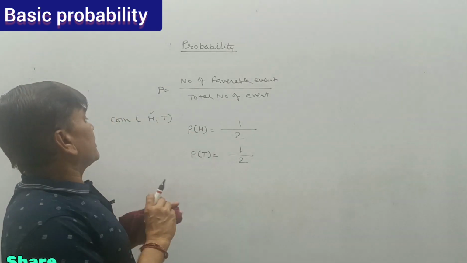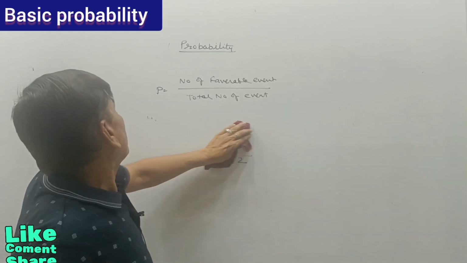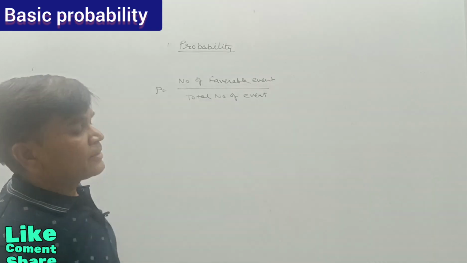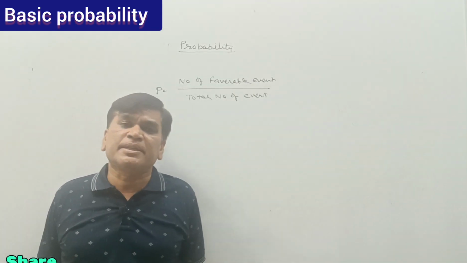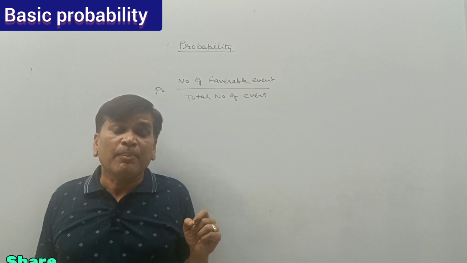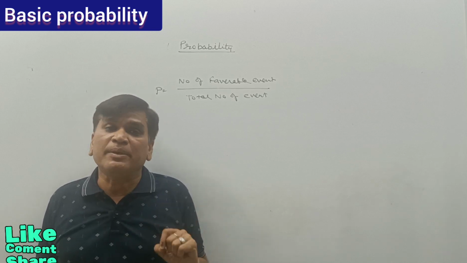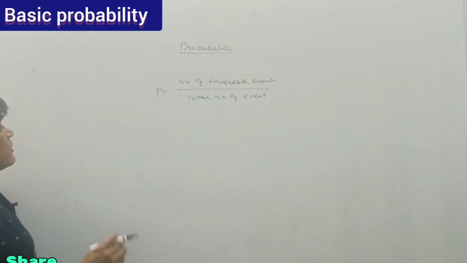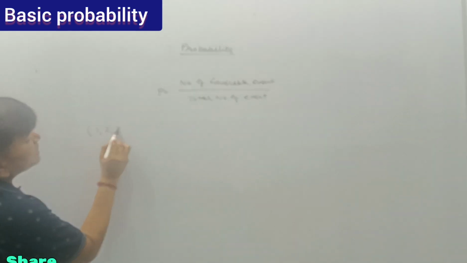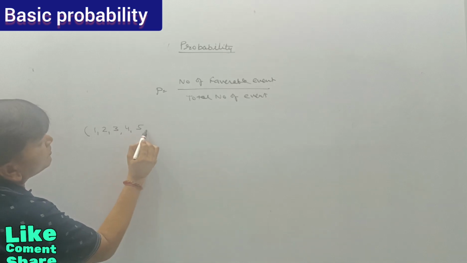Suppose we are to calculate, if we throw a dice, what is the probability that the upper number will be an odd number. As far as the dice is concerned, we have 1, 2, 3, 4, 5, 6.